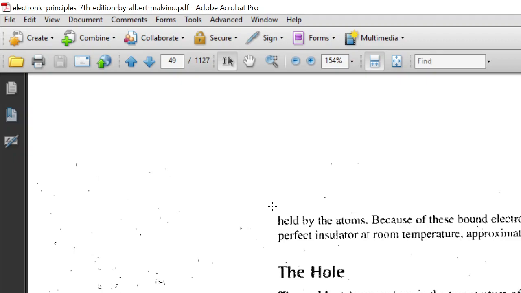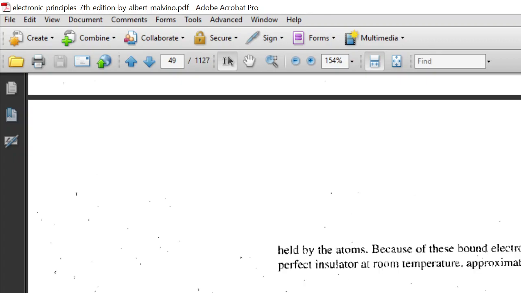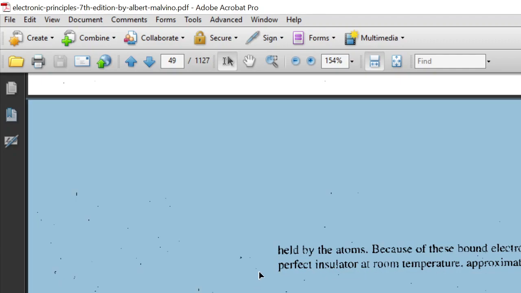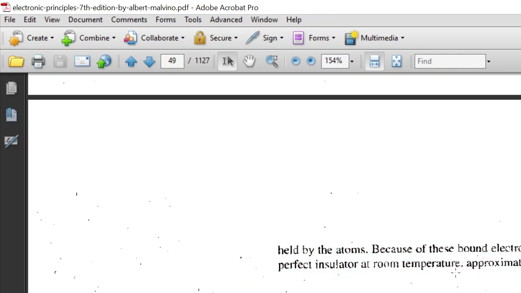So when this is the case, none of the atoms in the crystal will give out any electron, because all the electrons are utilized to give valence saturation to all the atoms. None of the electrons are going to come out of the atom. Because of this, a silicon crystal is almost a perfect insulator at room temperature.